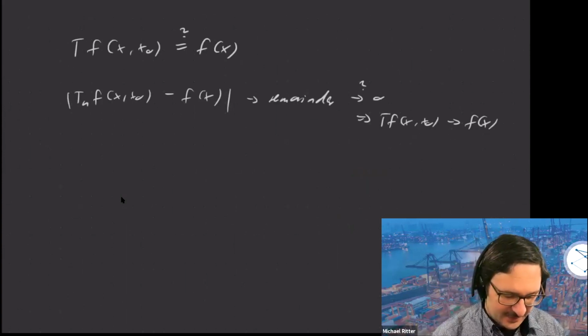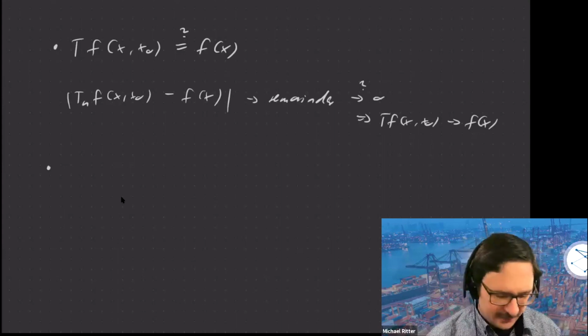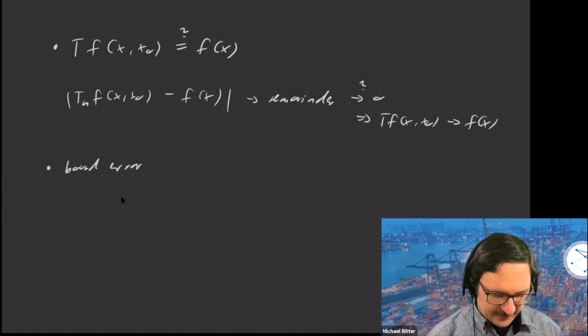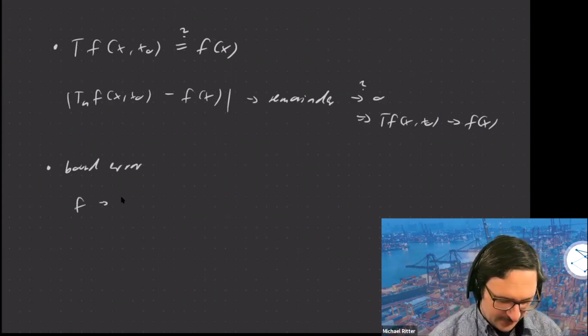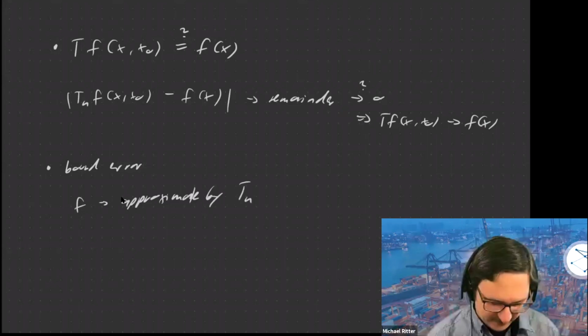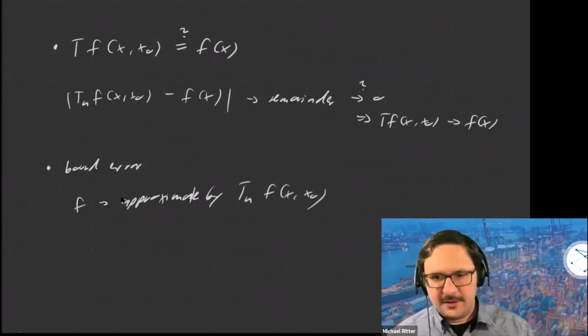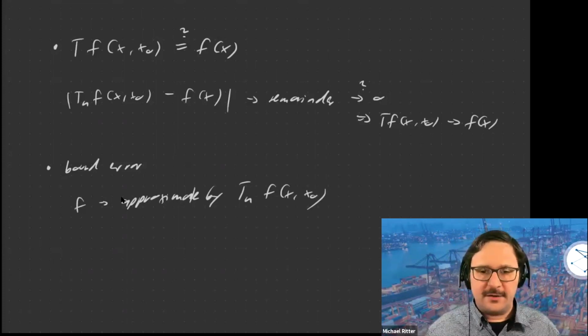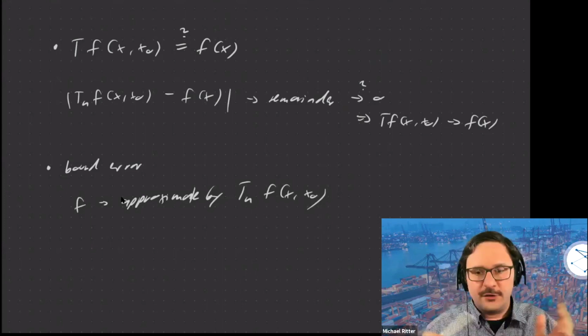The other application would be to get a bound on the error. So if we have a function f and we want to approximate that by some Taylor polynomial of bounded degree, like this here, Tn, and we want to be sure that we don't make too much of an error in a certain interval.